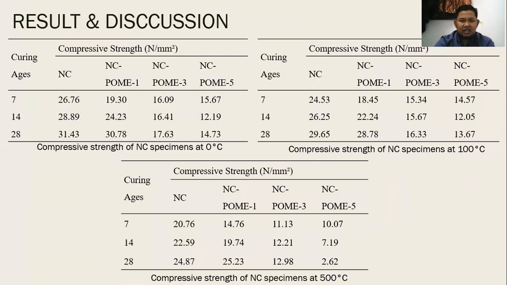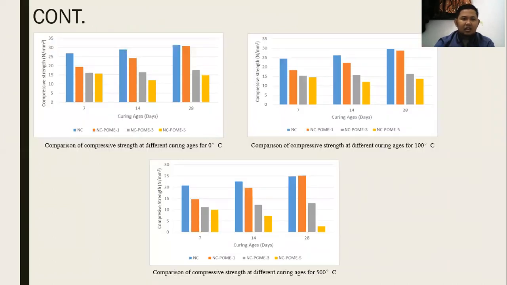This is the result and discussion for my experiment. From the data, I made a bar chart to make the result easy to understand. This is my bar chart, for 0 degrees Celsius, which is room temperature, 100 degrees Celsius, and 500 degrees Celsius.